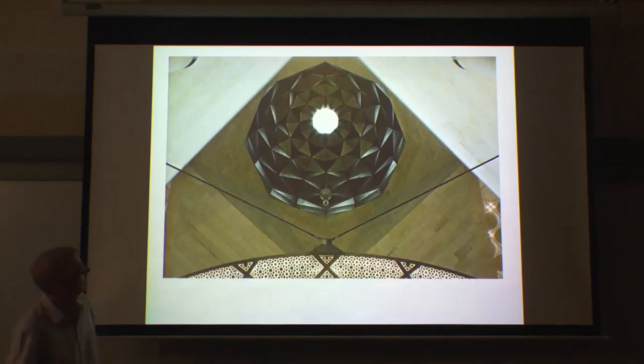Contrasting material, partially translucent, I think, and there's an oculus at the top. So it enables the light to bounce off the different facets very effectively and emphasize its geometric pattern.